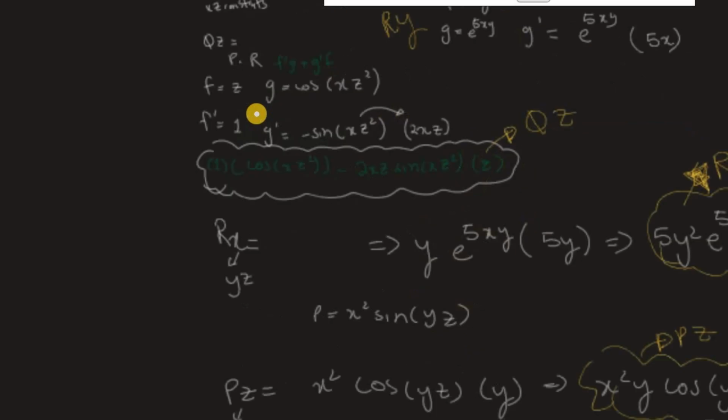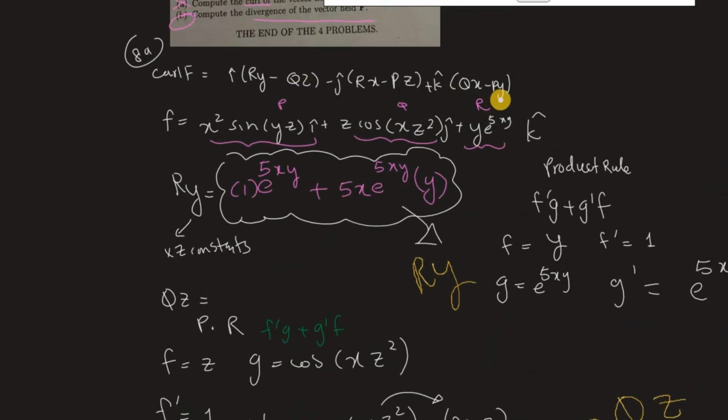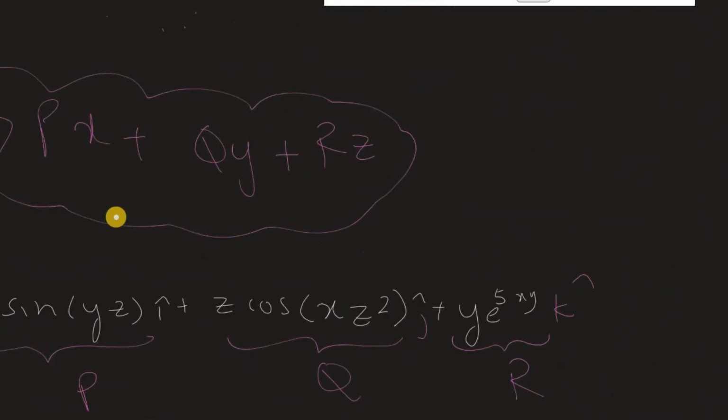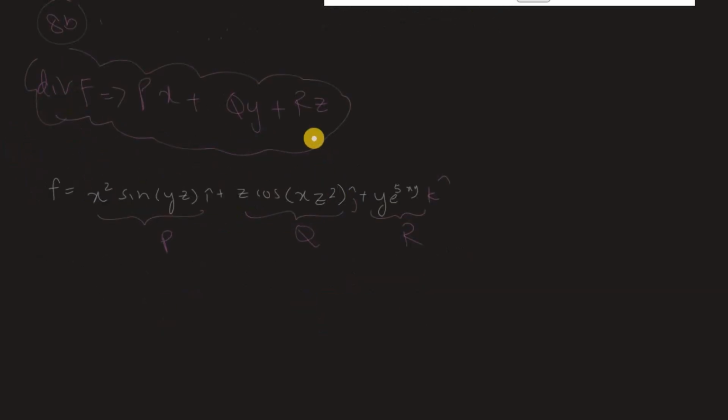In the curl problem, we didn't find the partial derivative of Q with respect to x. We found it with respect to y. So these values are always missing in the curl problem, so you will not find these in the curl equation.